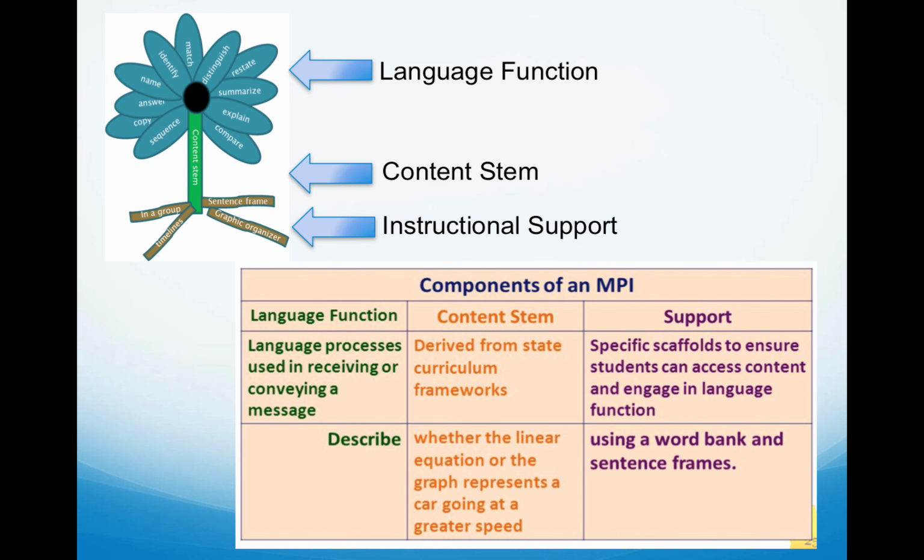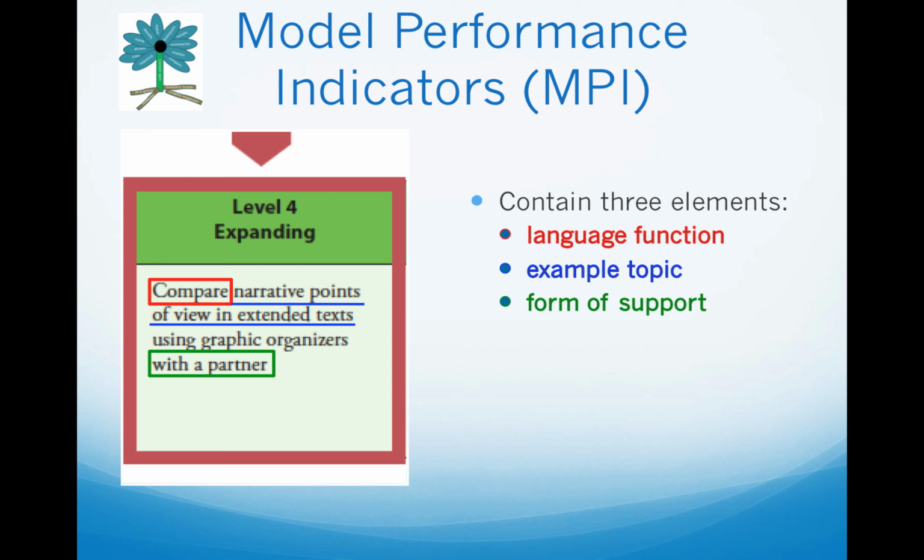You know what I'm talking about. Anyway, here's another example. Compare narrative points of view in extended texts using graphic organizers with a partner. So the verb is compare, the topic is narratives, and you're supporting them with a partner, and also this has two supports, graphic organizers.